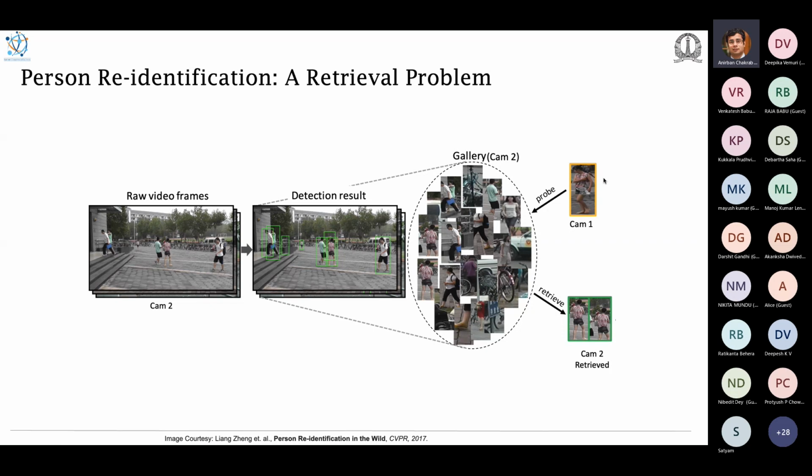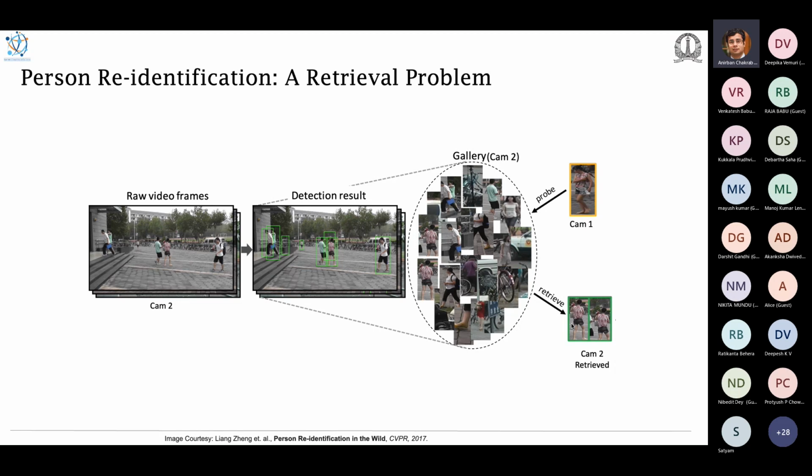So once you recognize who this person is, you want to search for this person across many different cameras. This is a re-identification problem, and the goal is to get, in an automated manner, a ranked list of candidate matches, where the top ranks are supposed to be the correct retrievals, right? So it's basically a retrieval problem.